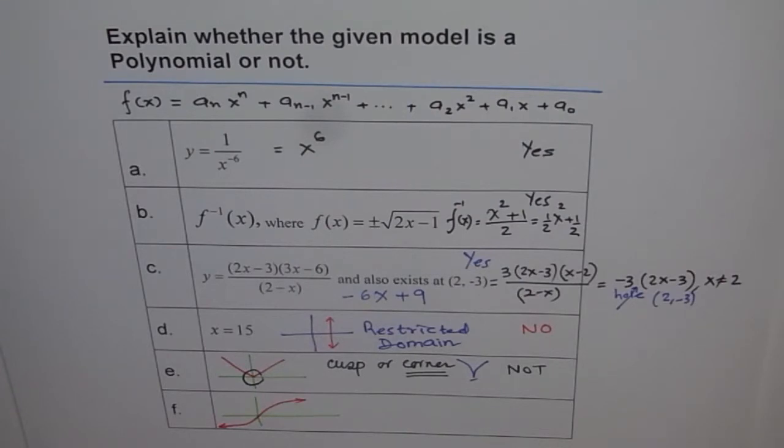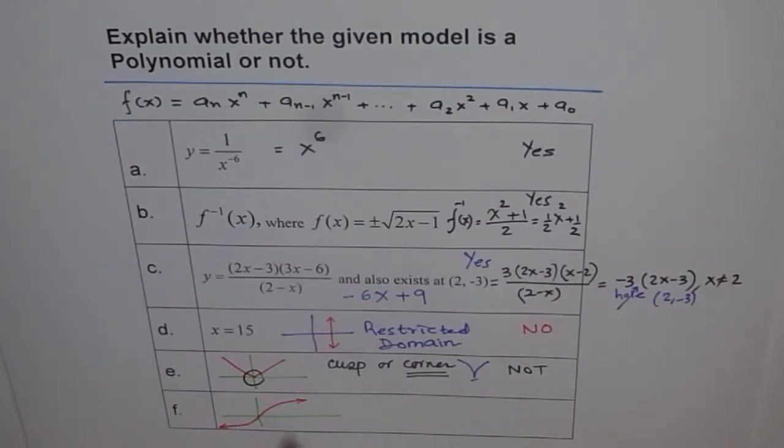This graph, what do you think? Is it a polynomial? And if it is not, what is the reason? Well, this graph actually has a restricted range, right? It is kind of flattening off like this, and this is clearly not a polynomial.